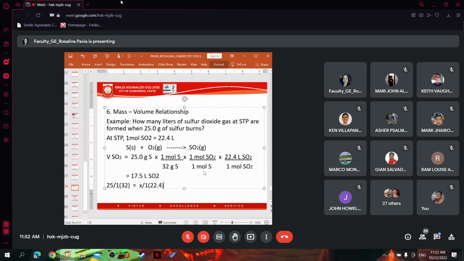Okay. Solve for X. 17.5 po. Parehas lang. Okay, naintindihan nyo? Dali lang, di ba? Yes po.